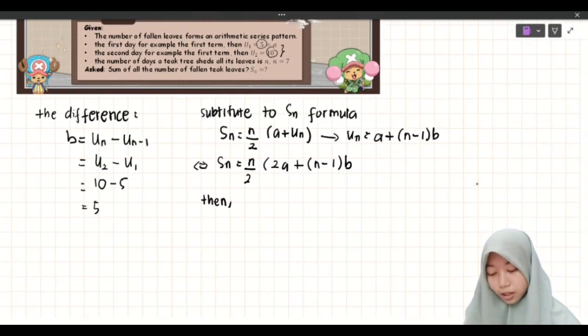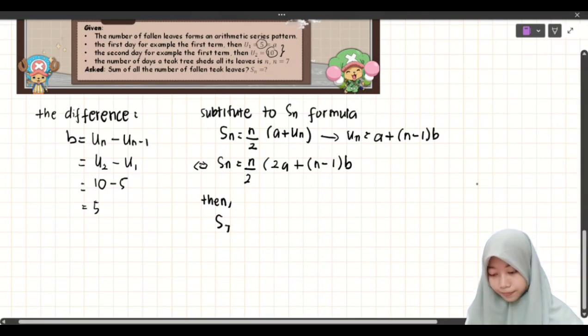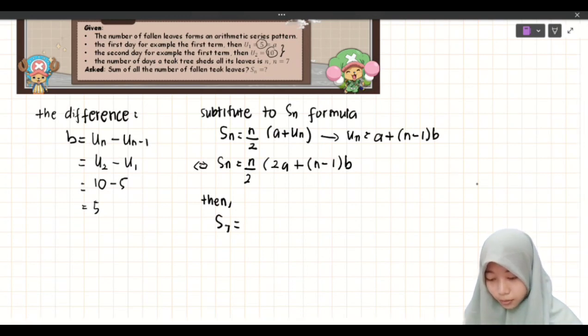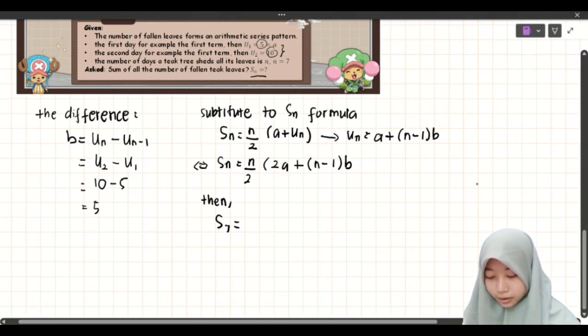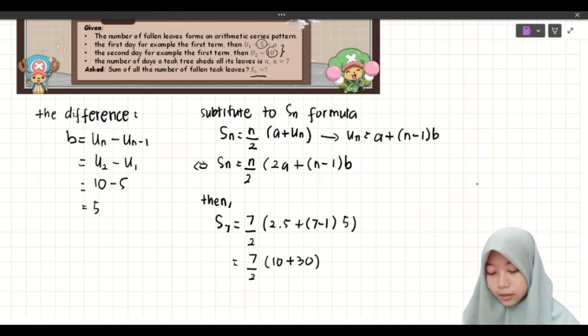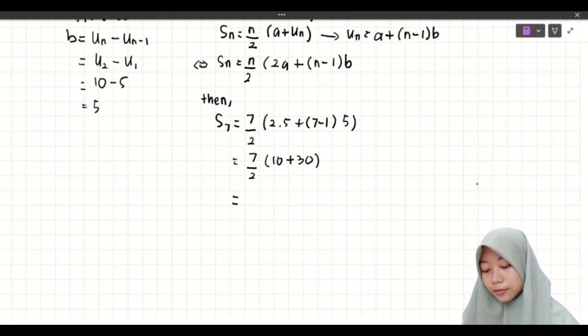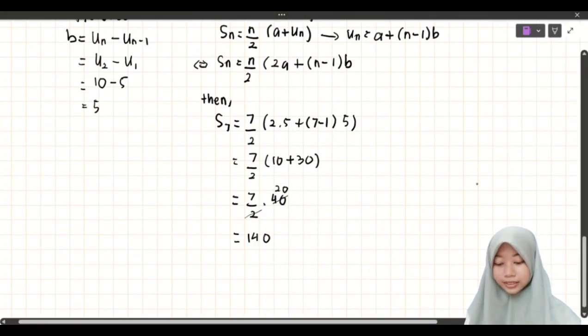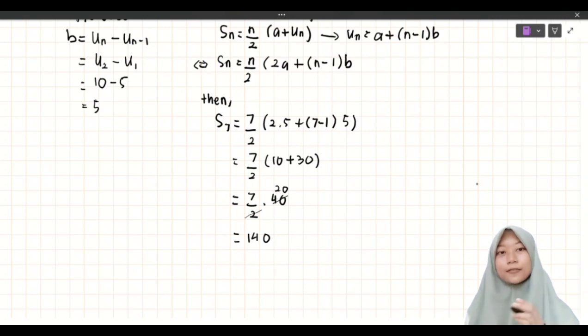Then we substitute all the given into this form, and we get 1/2 times 7 times (10 plus 30). Then we get 7 times 20, and then we get 140. So the sum of all the fallen leaves is 140.